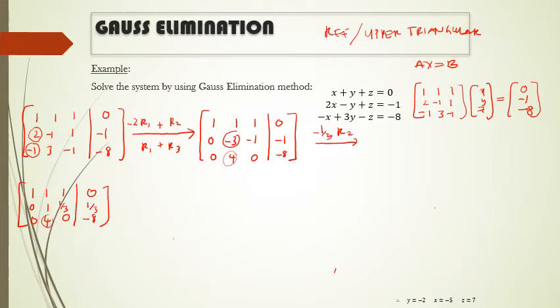Next, we want to get 0 here. So the operation would be negative 4R2 plus R3. R1 and R2 don't change.